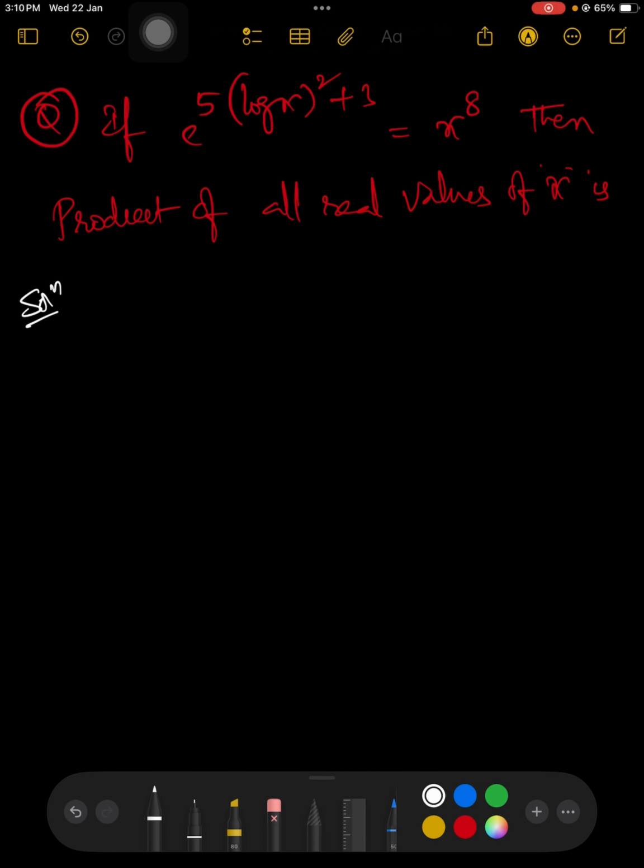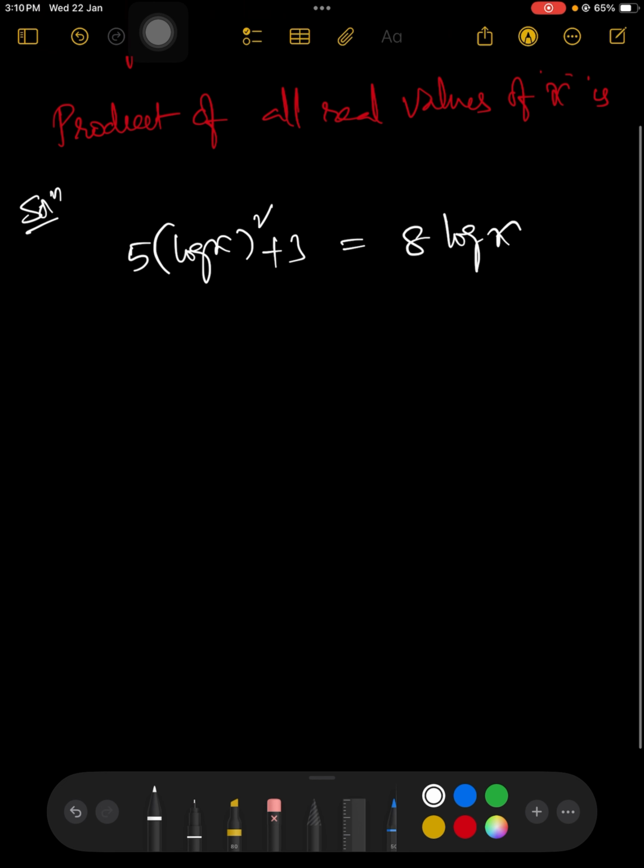Okay. And the next question is: if e power 5 times (log x) whole square plus 3 equals x power 8, then find the product of all real values of x. So that is e power 5 times (log x) whole square plus 3 equals x power 8. If you apply log, this will be 5 times (log x) whole square plus 3, and here it will become 8 log x, right?